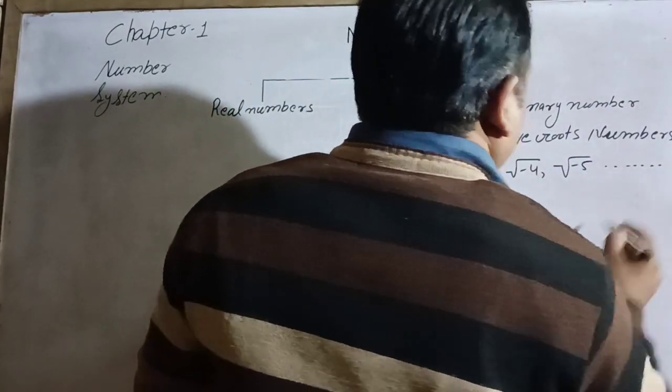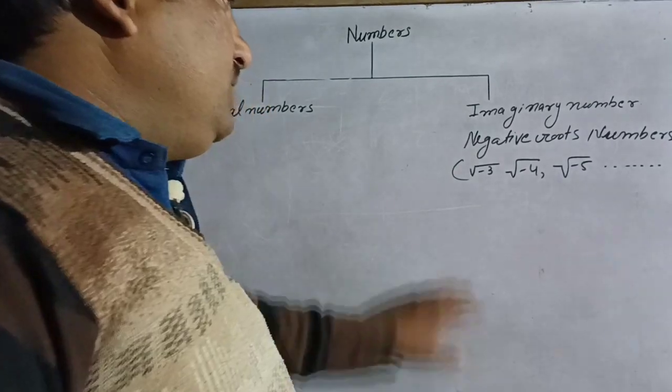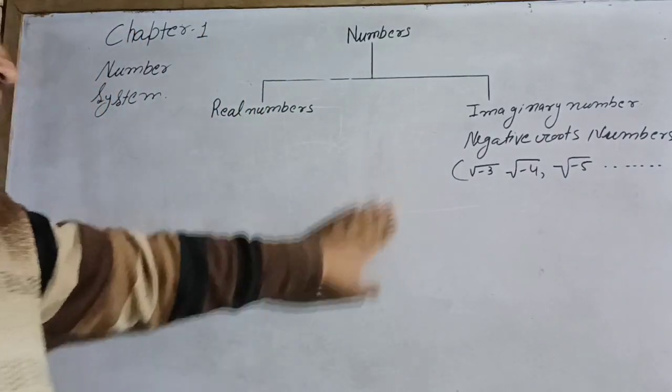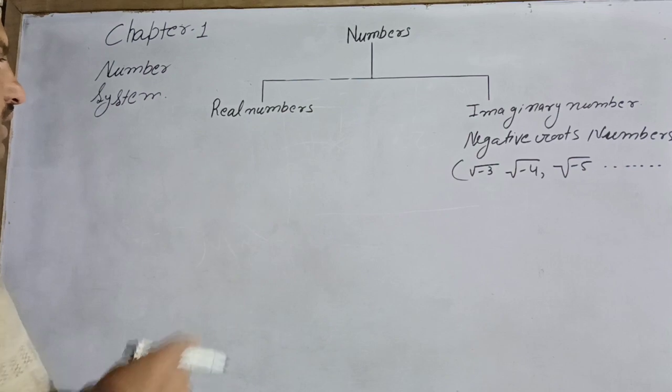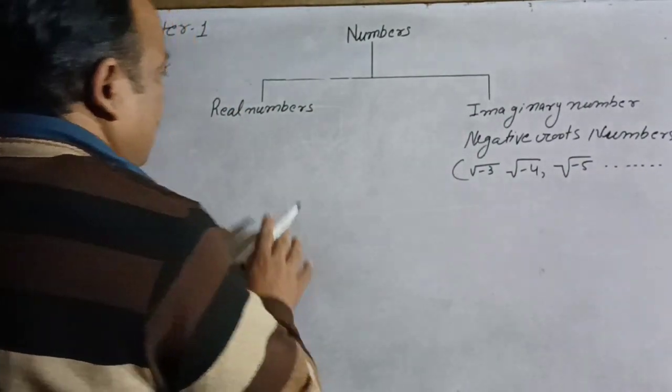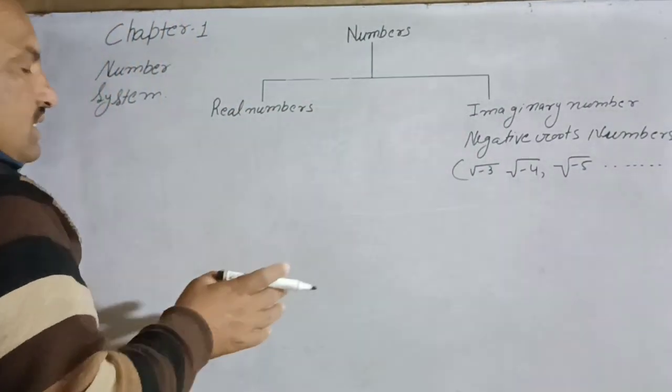This type of number is called an imaginary number, and we study this type of number in intermediate class. But the numbers we learn in our earlier classes, like 6, 7, 8 and 9, are different.